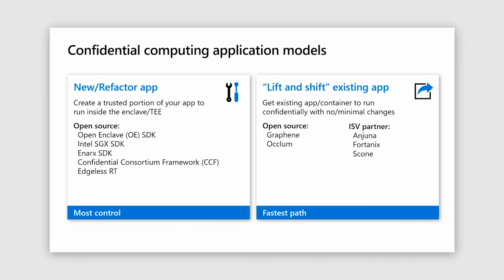Here's a new app. You are very sensitive to the amount of code that you're running inside your trusted computing base, or your TCB. A TCB is generally defined as the amount of code that you trust and you know is running for your application. In this particular scenario, when you're building a new or refactoring an existing app, you have the most control, where you can leverage one of these SDKs that we have listed, such as the Open Enclave SDK or the Intel SGX SDK, the InRx SDK, the CCF, and the Edgeless RT runtime.